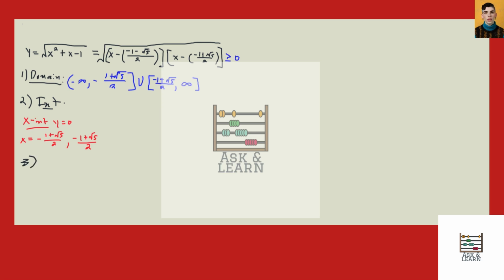Now let's see if this function has any symmetry. Normally we wouldn't think the square root of something or quadratics are symmetric, or periodic, I should say. So let's check to see if this function is even or odd. f of -x is the square root of -x squared minus x minus 1, so that's x squared minus x minus 1 square rooted.